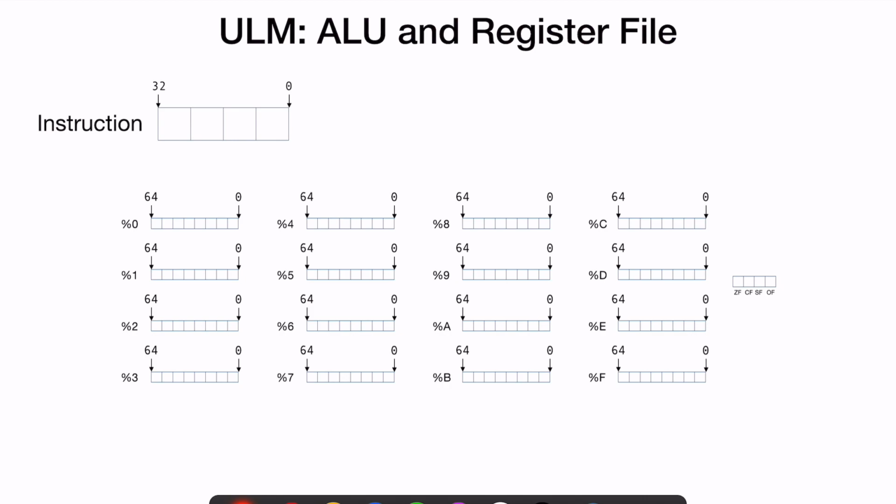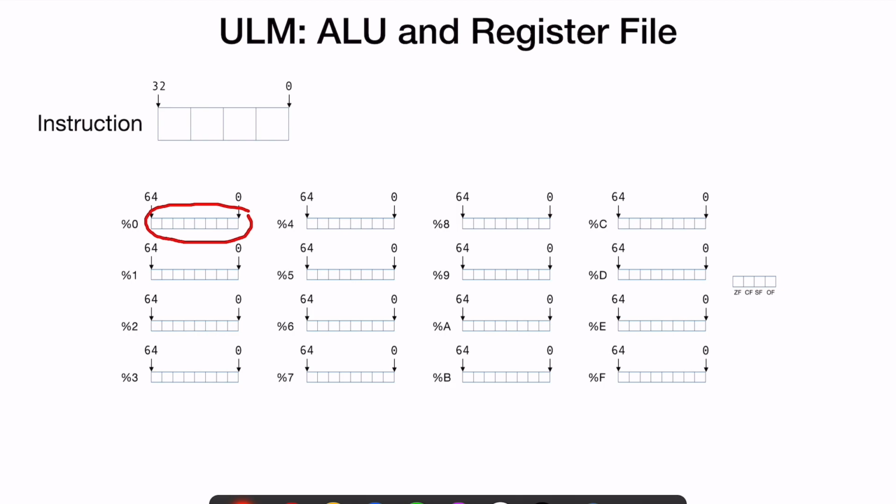Then you also see that for each 64-bit register, I'm again using boxes where each box represents 8 bits. So we have here 8 boxes, and in each box you can describe the bit pattern with 2 hex digits. So in total, the content of a 64-bit register can be represented with 16 hex digits.